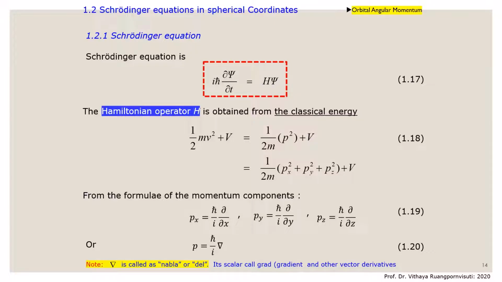The Hamiltonian operator H is obtained from the classical energy.